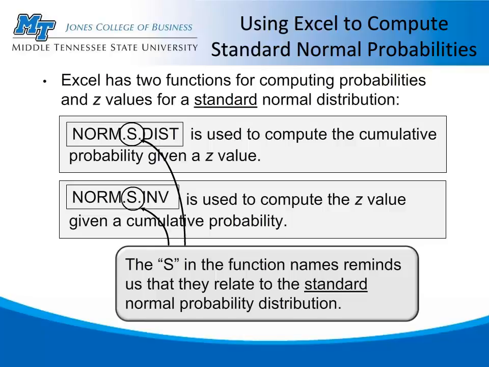The inverse, the .inv form, it works the other way around. You provide the function with an argument that is the probability that's less than or equal to some z value, and this function will figure out what that z value is. But sometimes you want one form and sometimes you want the other.